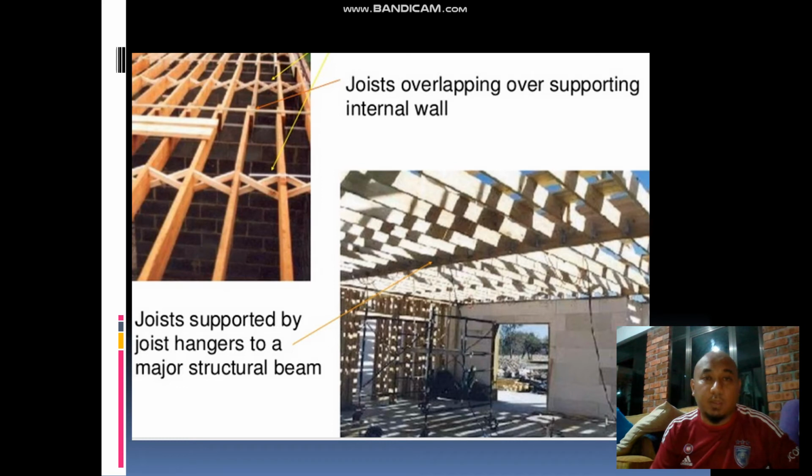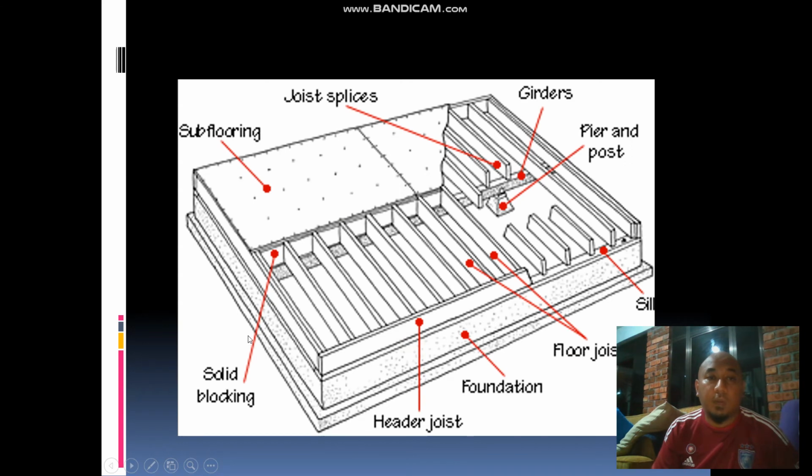So when we look at another picture, in picture number 1 the joists overlap over the supporting internal wall, and the second picture looks like a joist supported by joist hangers to a major structural beam.